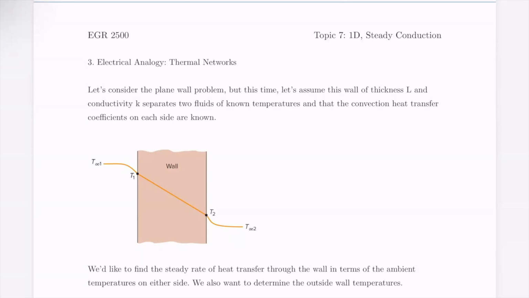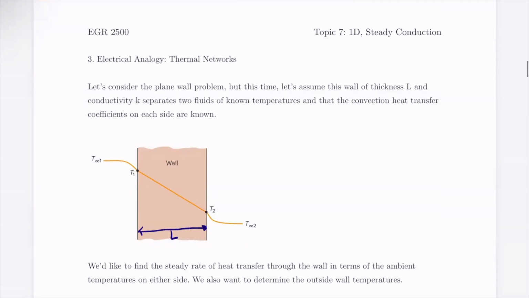We also assume the convection heat transfer coefficients on both sides are known. So we have this thickness L, a given K value for our material, and heat transfer going this way. This should really be drawn in 2 dimensions, because this area here is where we're doing convection, and same on the back side, but it's not visible.